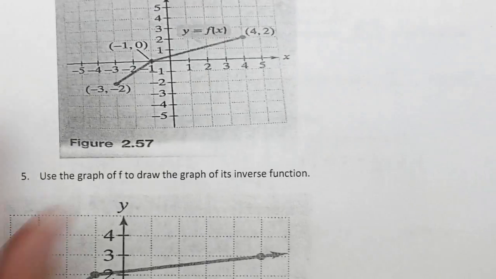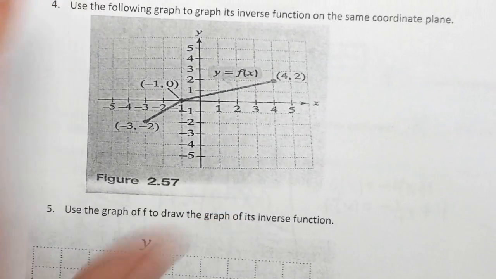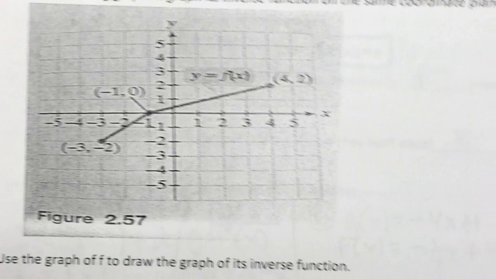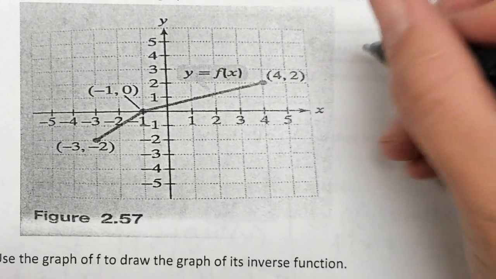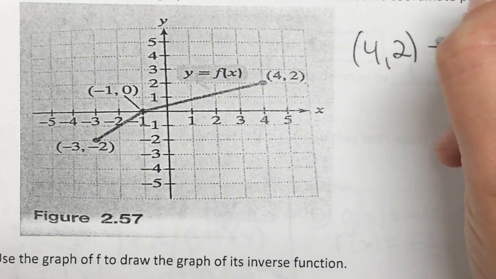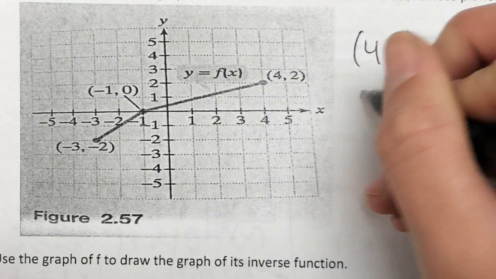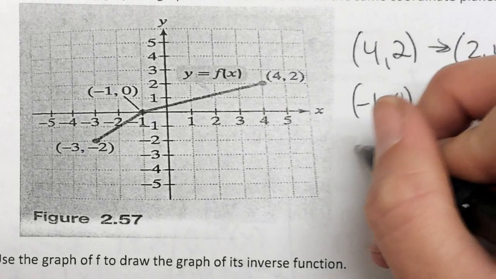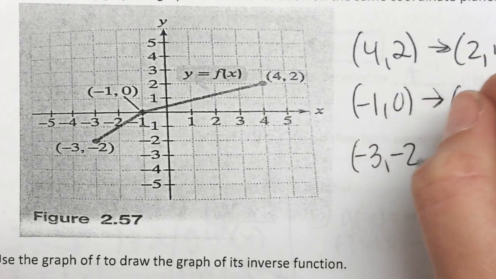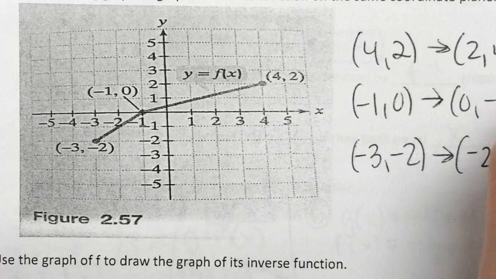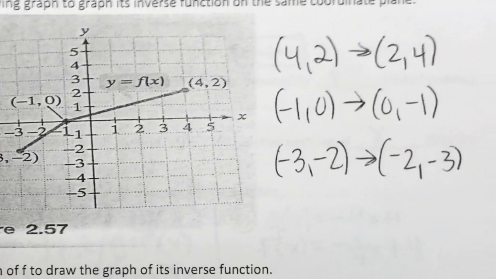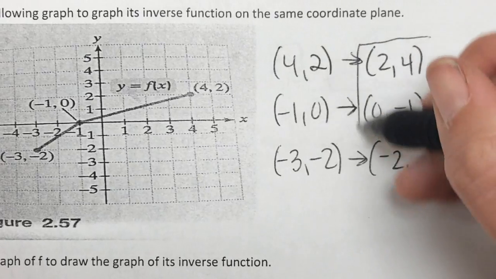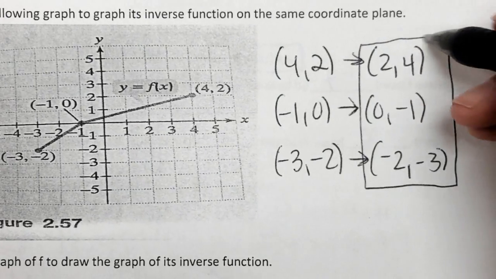Okay. So for this one, they give you the points: 4, 2, negative 1, 0, negative 3, negative 2. So instead of 4, 2, we're going to graph what? 2, 4. Instead of negative 1, 0, 0, negative 1, and instead of negative 3, negative 2, it would be negative 2, negative 3. You just swap them. So I want you to graph these points on the same coordinate plane.